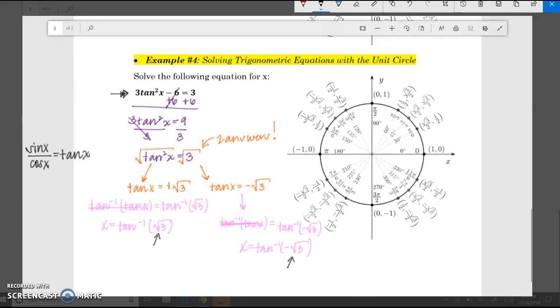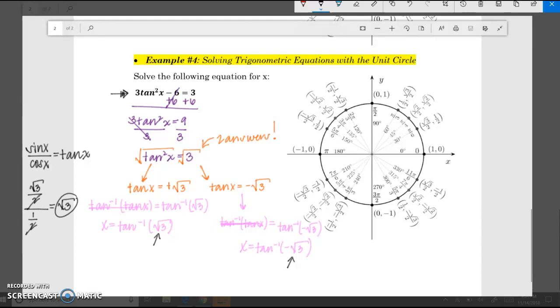When we're operating on the unit circle, we end up with a tangent value of root 3 when sine is root 3 over 2 and cosine is 1/2. Because when I have that ordered pair operation, the 2's cancel out and I'm left with root 3 over 1, so root 3 here.